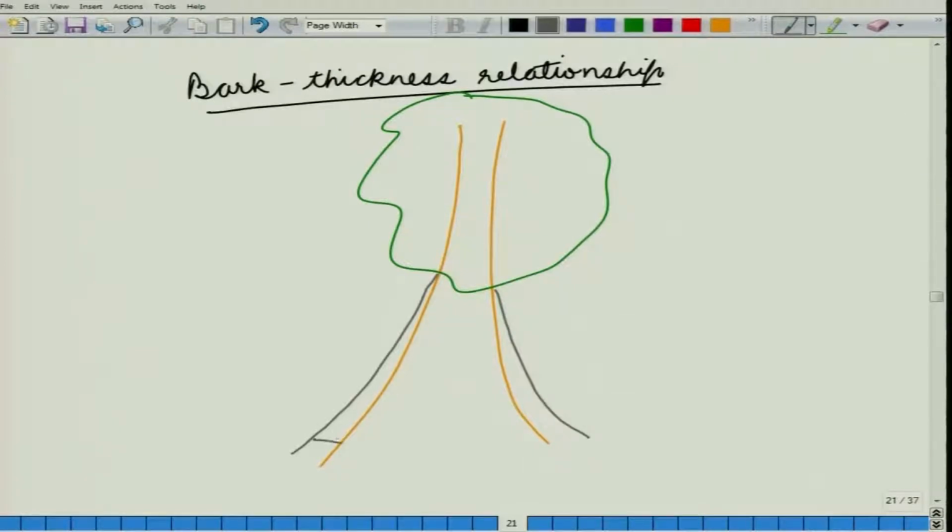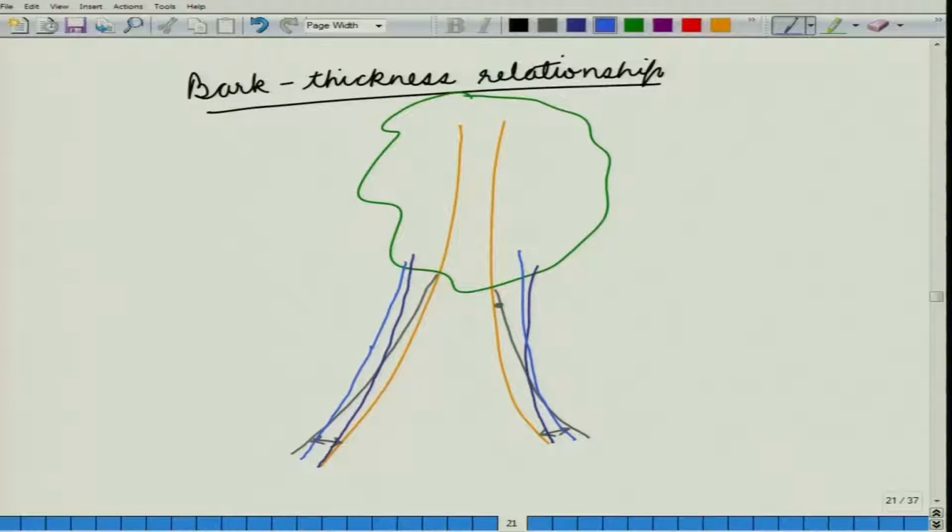In this case at lower heights we would have a greater thickness of bark as compared to the upper heights, or we might have a situation that is just the reverse of it, that is the lower portion has very little bark and the amount of bark goes on increasing as we go up, or in a third situation the amount might be constant, in which your bark would make a parallel sheath as compared to the tree stem.